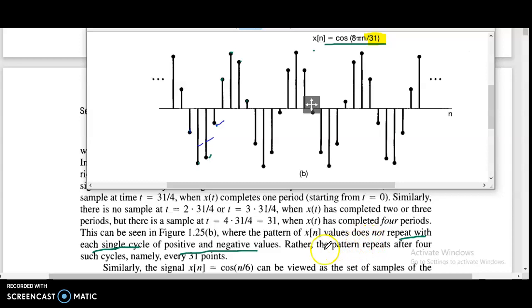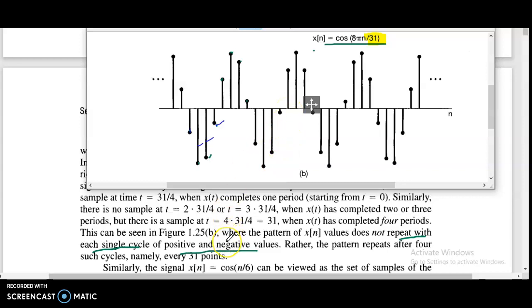So that's why they are telling that the pattern of x of n values does not repeat with each single cycle of positive and negative values. It starts from here, a positive signal, then negative.